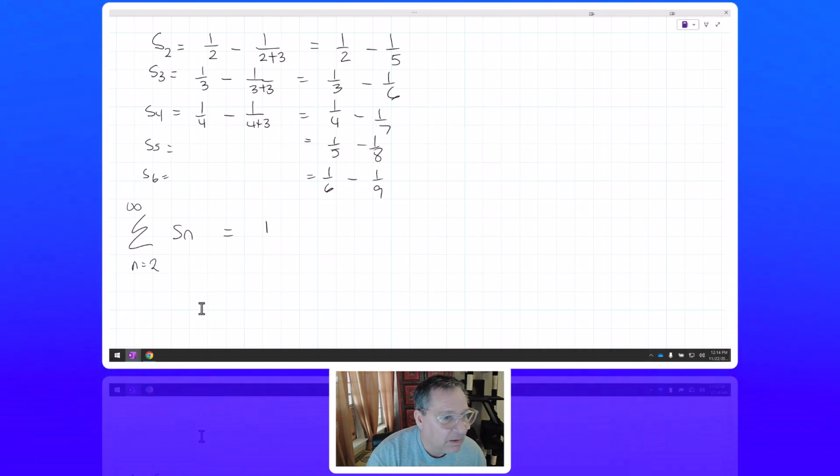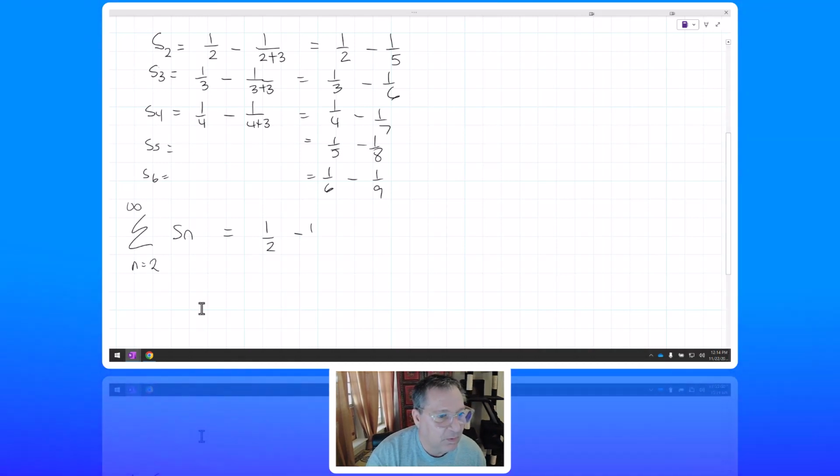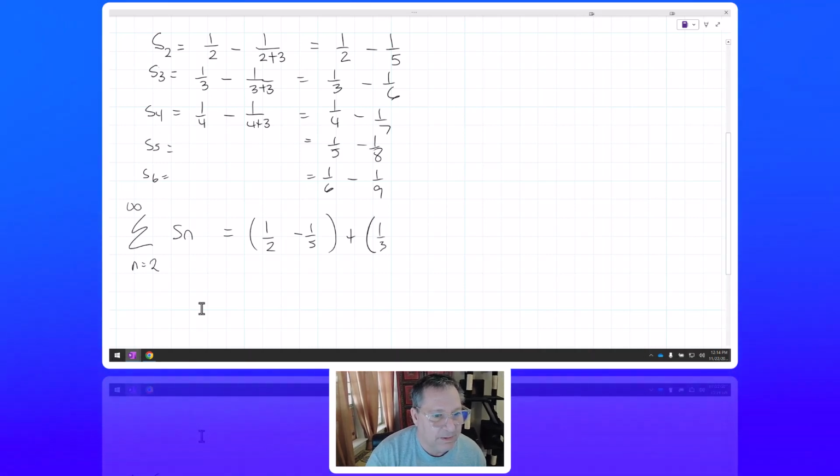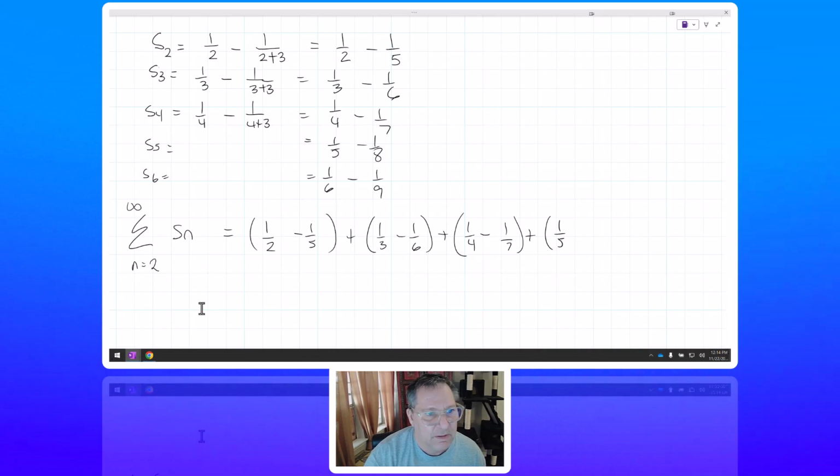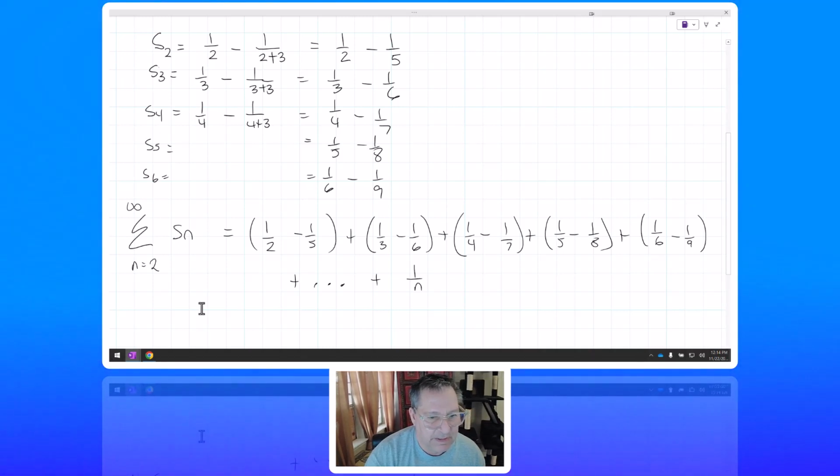We'd get the 1/2 minus the 1/5, and we can group that together, and then the 1/3 minus the 1/6, and group that together, and then the 1/4 minus the 1/7, group that together, and keep going, and we'd get 1/5 minus 1/8, 1/6 minus 1/9, and we would keep that going and going until we got to the end, and it would be 1 over n minus 1 over n plus 3.